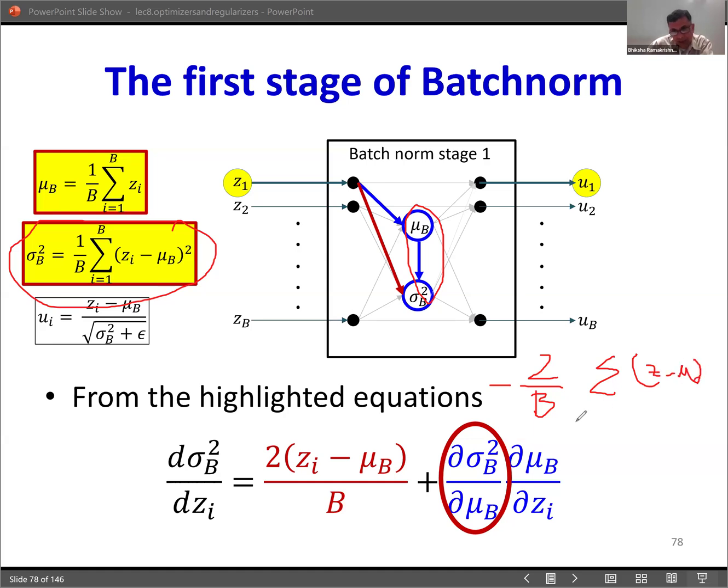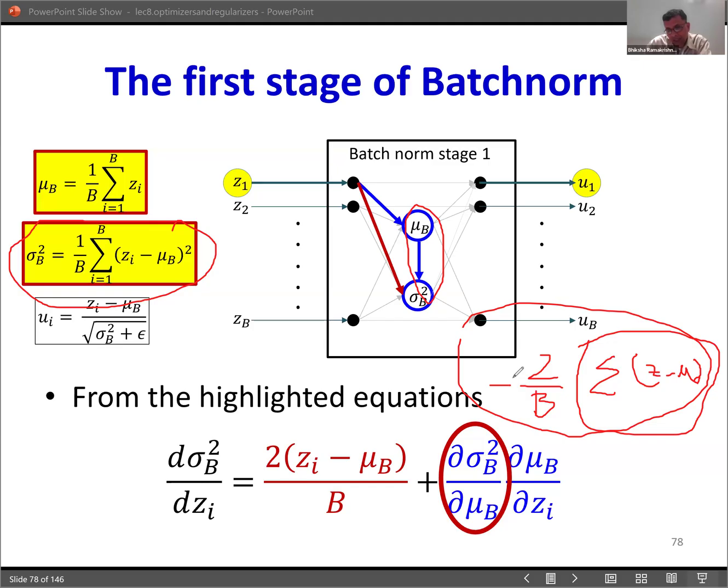There's a summation because I have to sum over all of these. This making sense? You can't lose the summation, right? What is this term? Summation of (z minus mu).